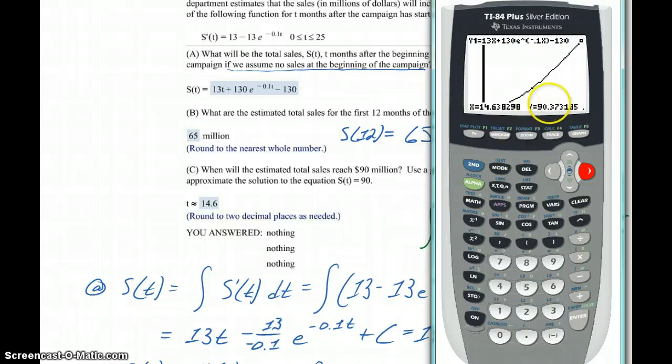So we get about 90 here, and here we get about 14.6, which matches up with the approximate answer they came up with. So here x is obviously our x value, y is our function value. So we're trying to figure out when our function value is approximately equal to 90, so that's pretty close. And we get, again, that value of about 14.6.